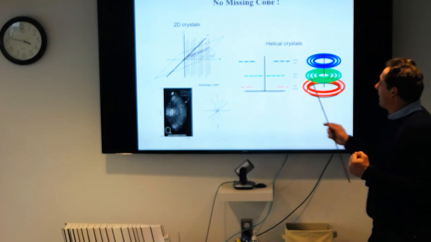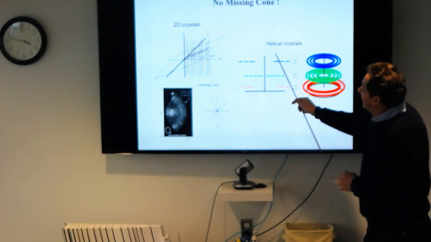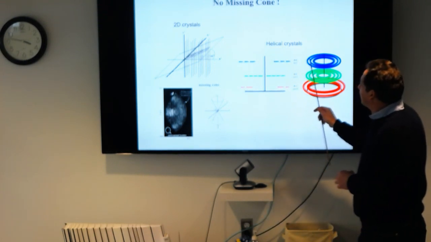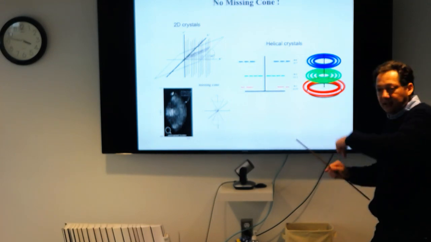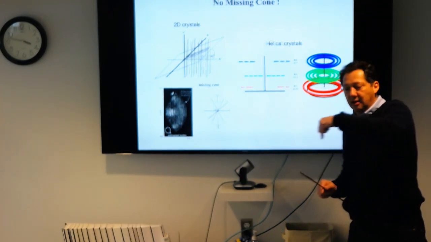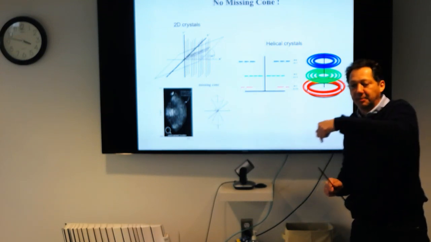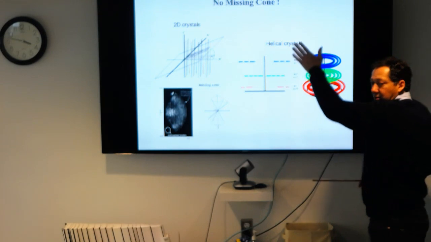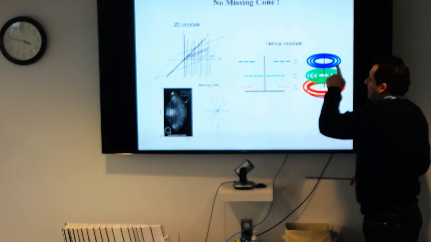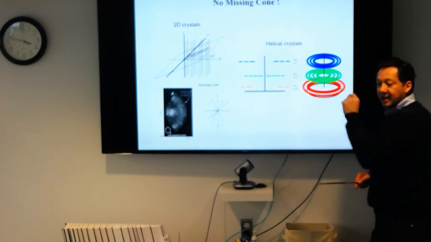However, for a helical crystal, the intensities all around a particular point in Fourier space are all the same. So when you take a section in Fourier space, the intensities are all the same.